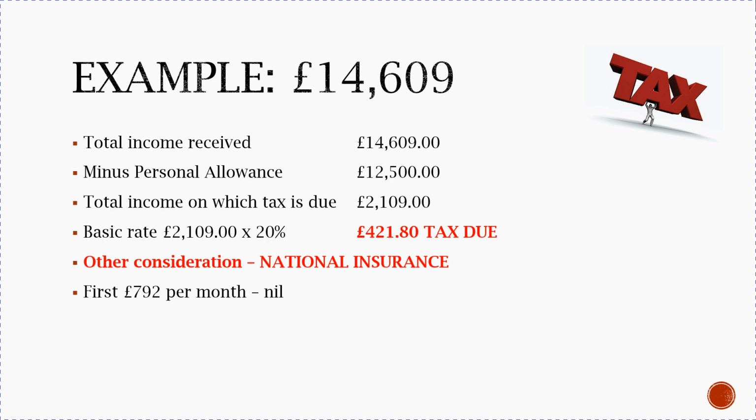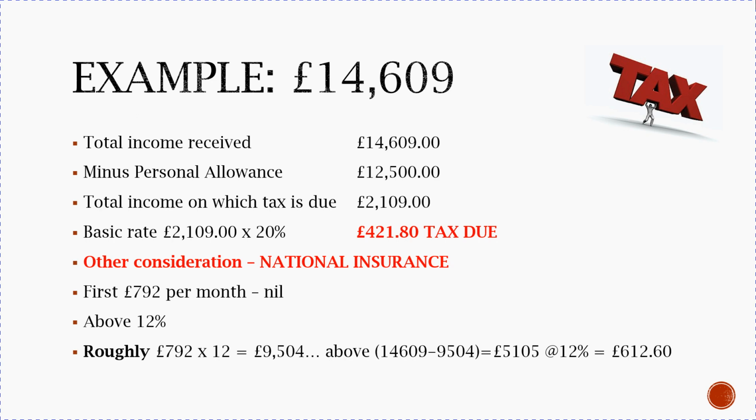The first £792 per month, there's no national insurance, and then anything earned above that is at 12%. So if you pay yourself roughly about £800 a month, there shouldn't be any tax on your payslip, and just a small amount of national insurance.